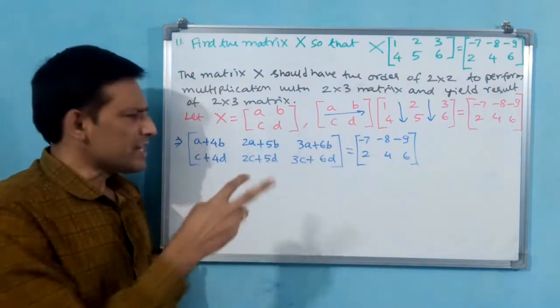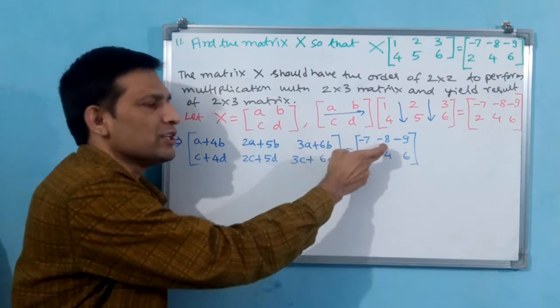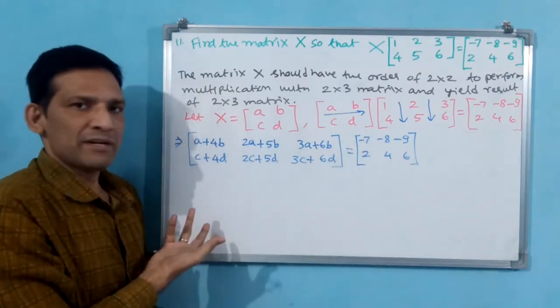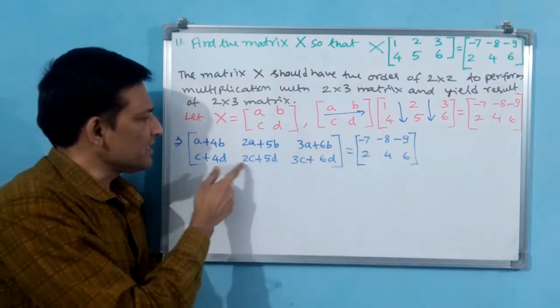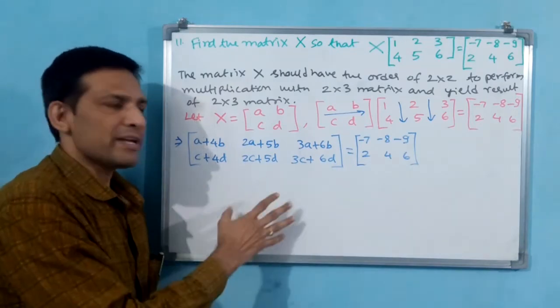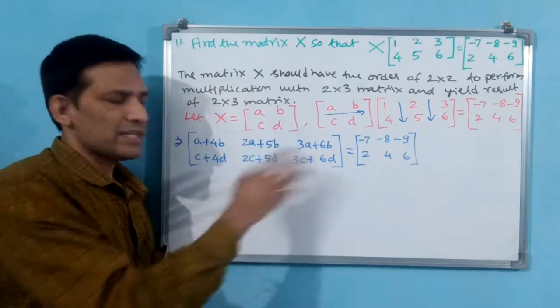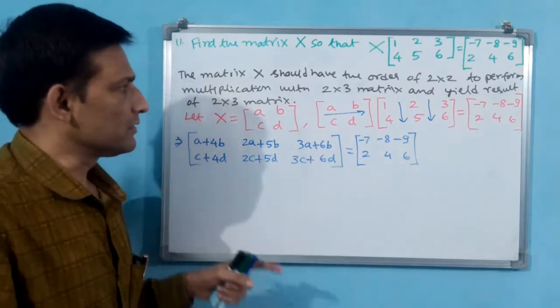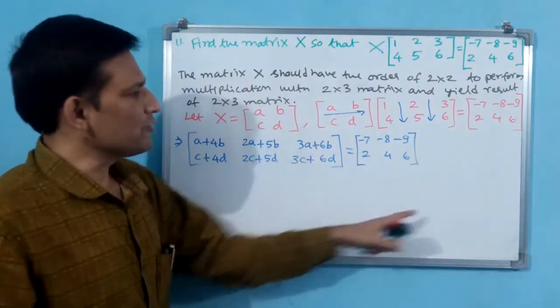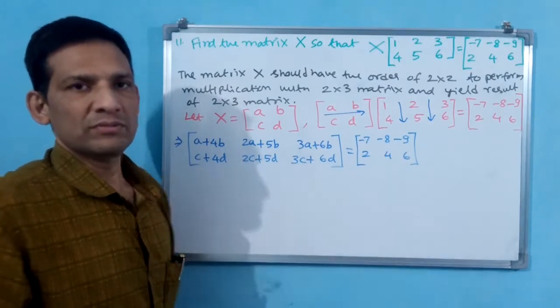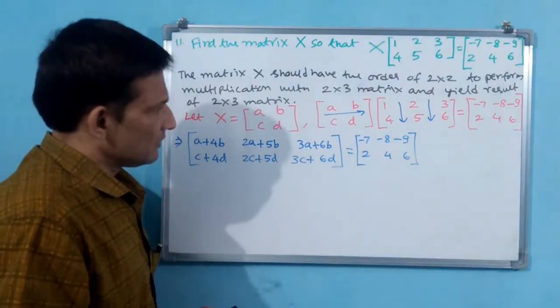That means if you take any two equations and equate, then you can find A and B. Here also you see C, D, C, D, C, D are there. Any two you can take and find C and D also. After finding all A, B, C, D, then you can write the final matrix X.